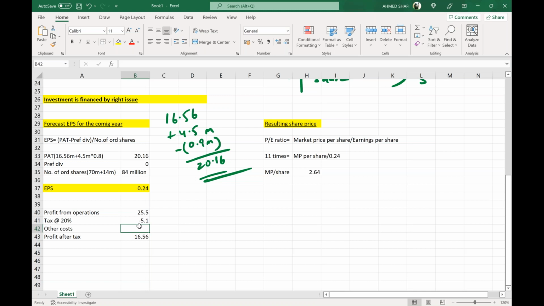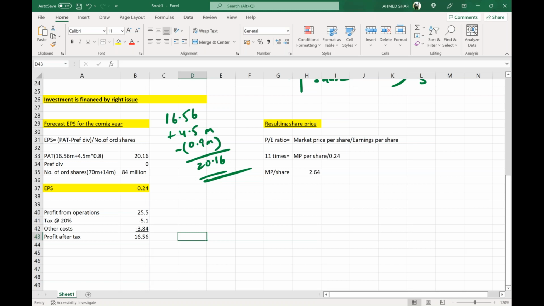But you are saying that PAT is 16.56. That means there are some hidden other costs, that is 3.84. This is the normal profit and loss statement which is given in the question. It just says profit from operations was 25.5 and 16.56 was PAT. So there are some hidden costs. One is tax at 20%, that's 5.1. The differential is some other costs.